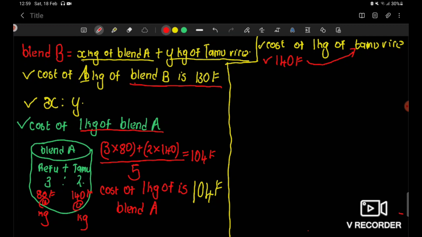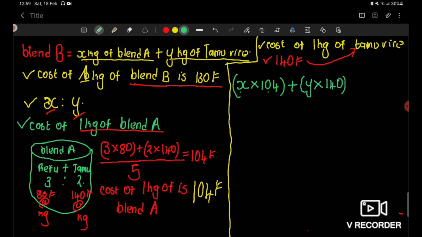So here we have X kg of blend A was mixed with Y kg of tamu rice. So they were mixed in the ratio X is to Y. How do we find the cost of 1 kg of blend B? It is very simple. We just repeat the formula. We'll say X kg of blend A, which costs 104 shillings, so we take the ratio in which it was mixed, X times the cost of 1 kg, was mixed with Y kg of tamu rice, which costs 140 shillings per kg.